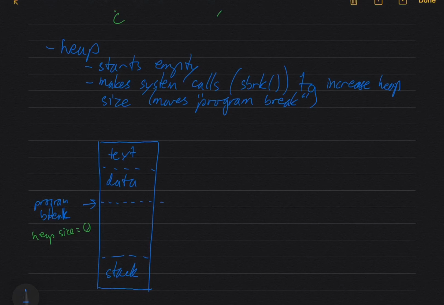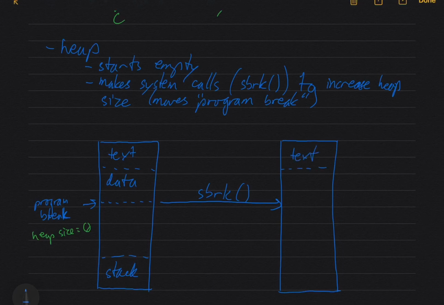So when malloc makes a call to sbrk, then it's adding an increment to the address of the program break, and the size of that increment is usually something like 64 kilobytes or more, because making system calls is expensive in terms of the amount of time that it takes.